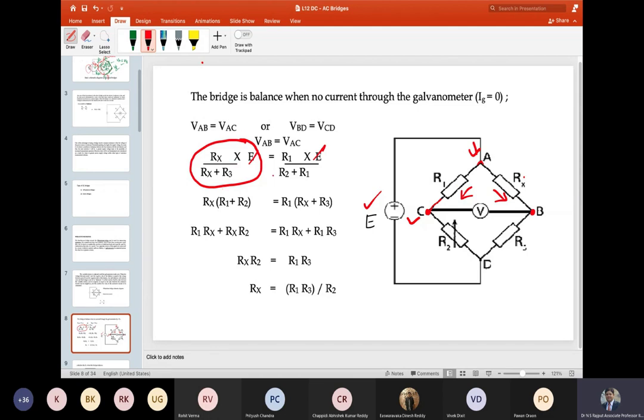Now you cross multiply, so you will get Rx into R1 plus R2 is equal to R1 into Rx plus R3. Open the bracket, and you will find that you have R1 and Rx on both sides, and therefore what remains are these two. So Rx into R2 is equal to R1 into R3, giving you Rx.